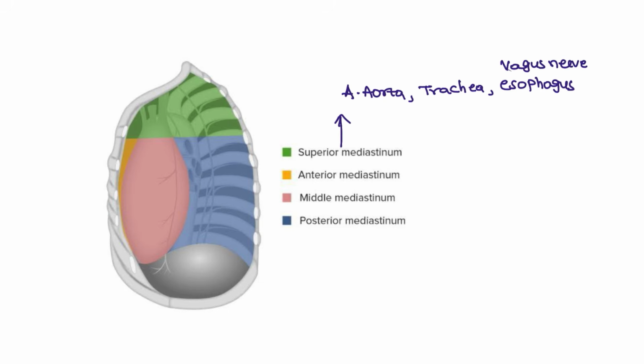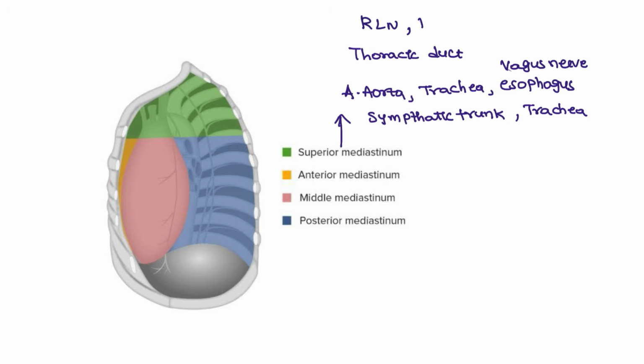And there is a sympathetic trunk passing here, and also other structures like the trachea, thoracic duct, recurrent laryngeal nerve and phrenic nerve. All these structures will be passing through the superior mediastinum.